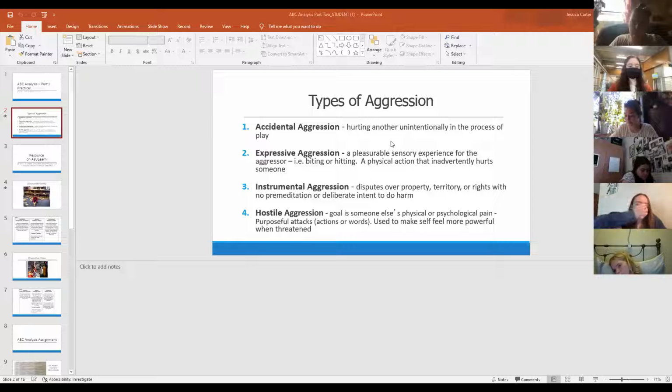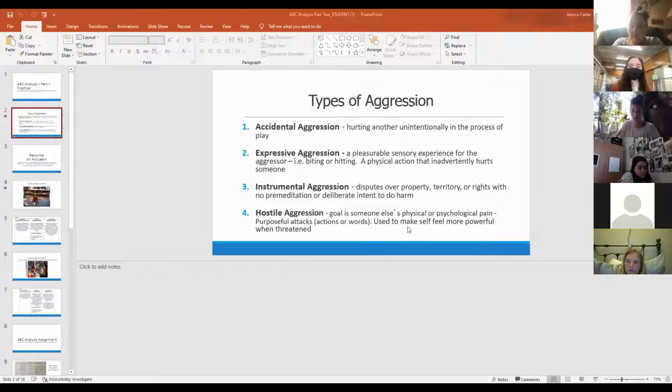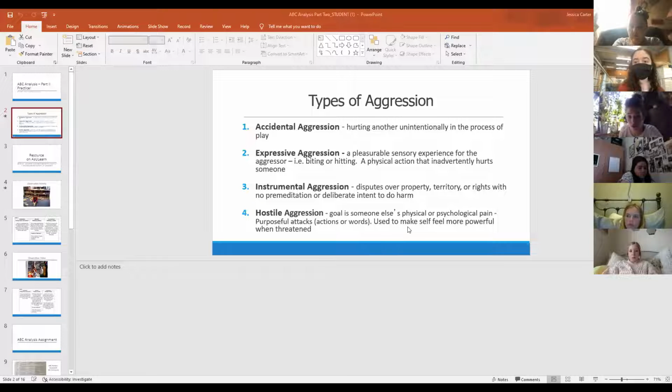Instrumental aggression. This involves disputes over property, territory, or rights with no premeditation or deliberate intent to do harm. So the key there is understanding that this is a child trying to enter into or sustain play with other children and being aggressive in that context, right?